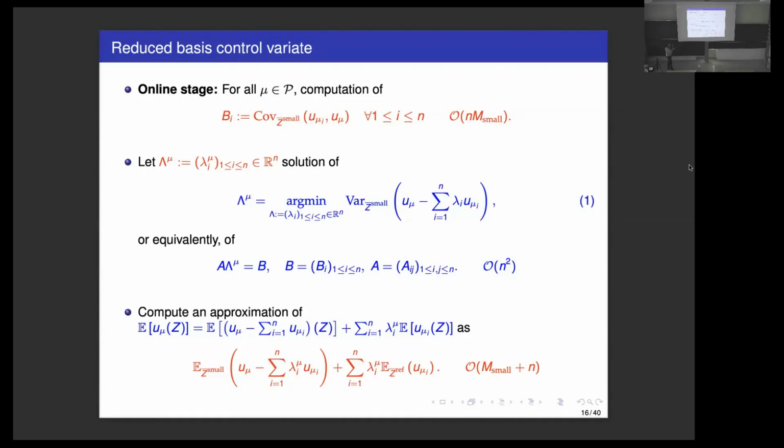It's a case where u mu were quantities computed out of stochastic processes depending on parameters. So there you need to compute some trajectories of these parametric random processes. So there is also something in the background. But typically, yes, the idea is that computing u mu of Z is maybe costly.